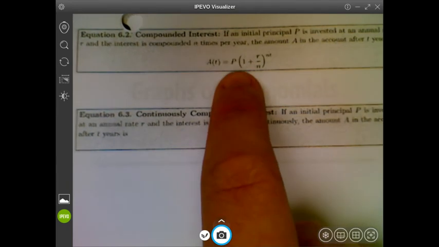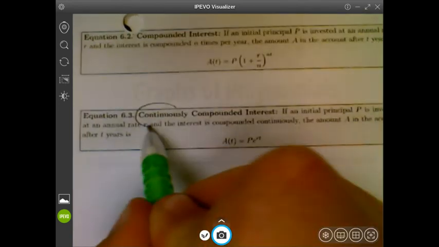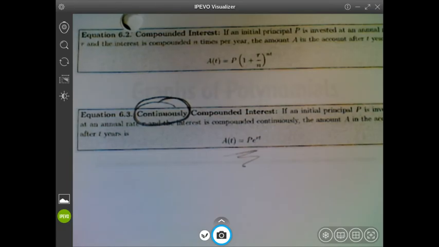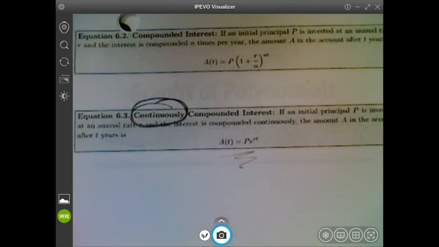But the other is more of a reality of how things are calculated. The main difference you're going to see between them is the word continuously. So if you see continuously, you should use this one. If you see any other word besides continuously that talks about how often it compounds, you're going to go with the first one.